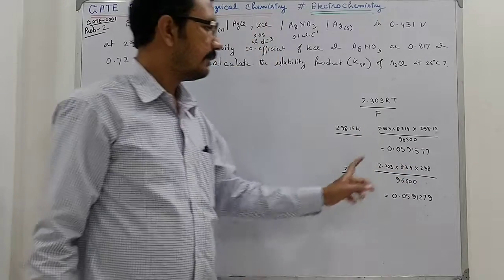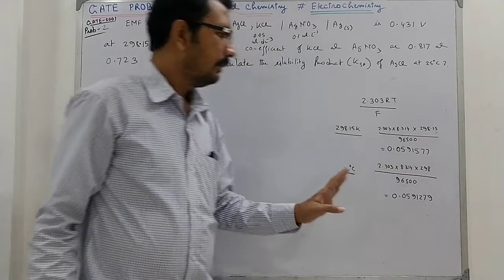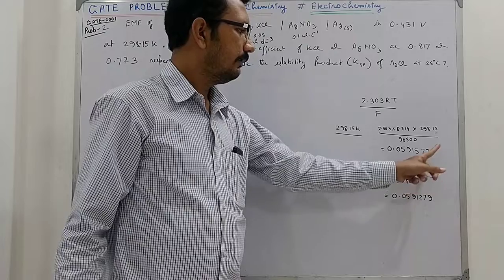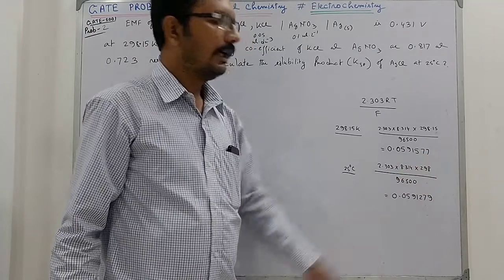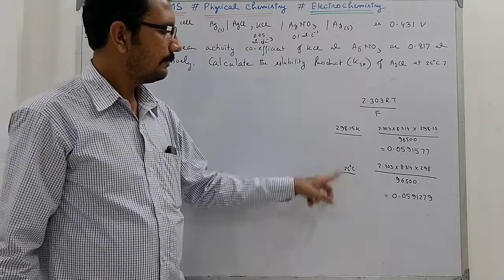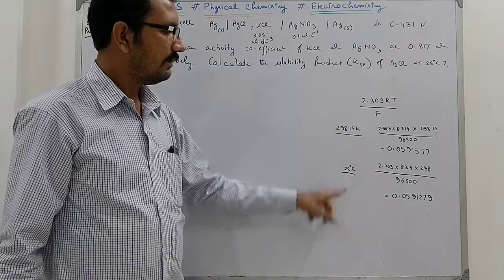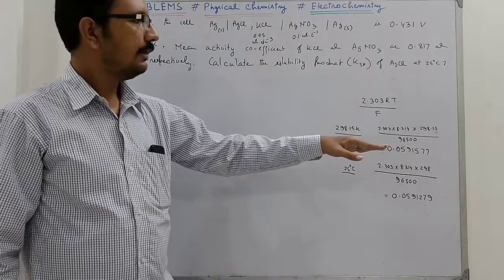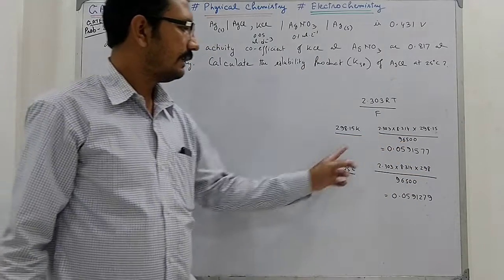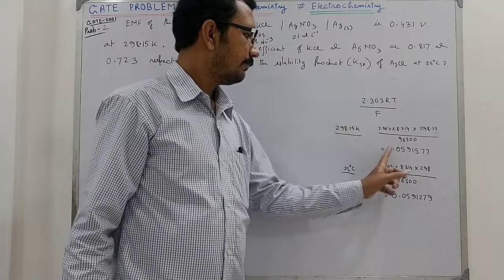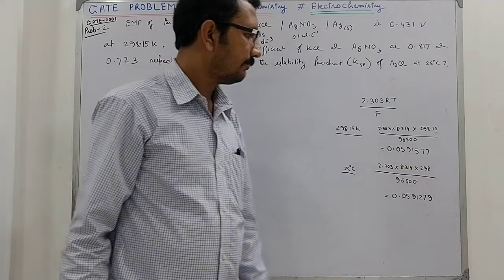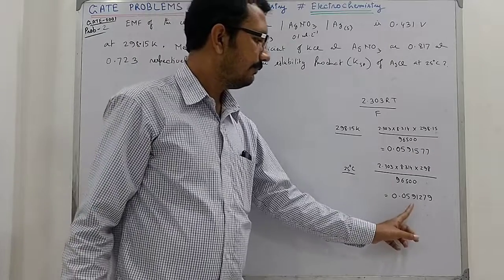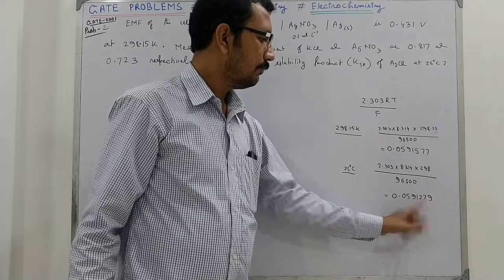We actually use 0.0591 in the Nernst equation, and we ignore the digits from the fifth place after the decimal. The difference coming due to change in temperature is actually in the fifth place, and that we don't consider. But since they are giving it, let us consider it here. So for this temperature we will write 0.05915, ignoring the 77, and here we will write 0.05912.